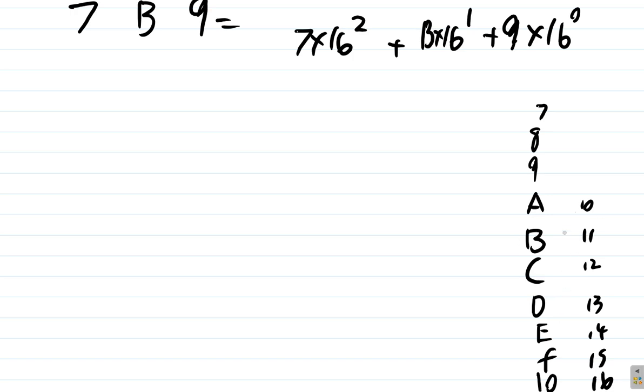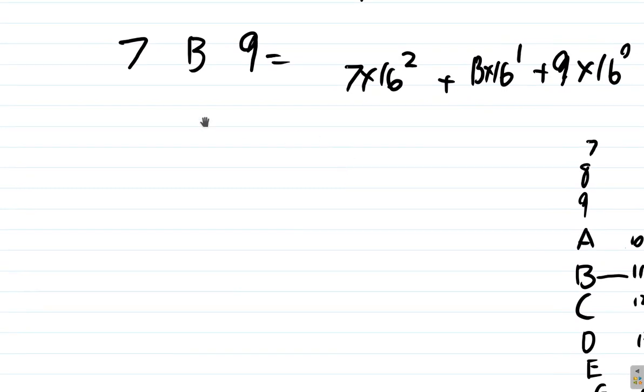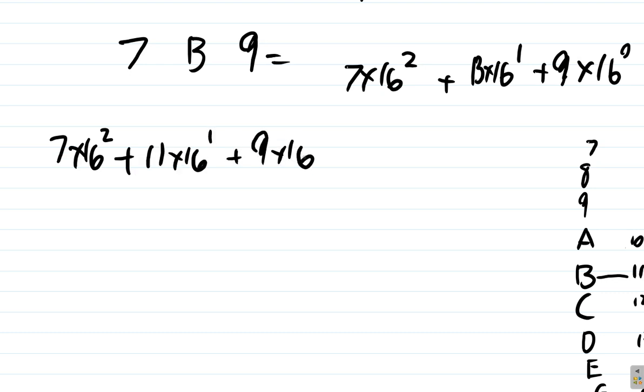But looking at this, B is equal to 11. B in hexadecimal is equal to 11 in base 10. So what we have is 7 by 16 squared plus 11 by 16 to the 1 plus 9 by 16 to the 0. And when we work this out, we'll have a base 10 number.